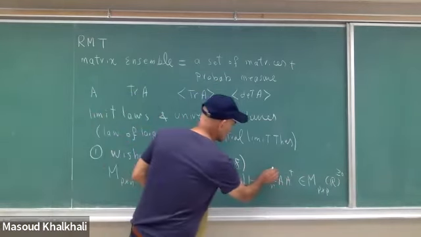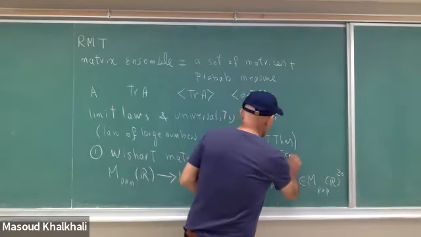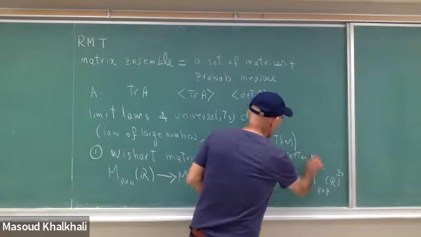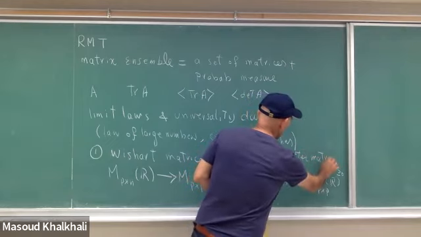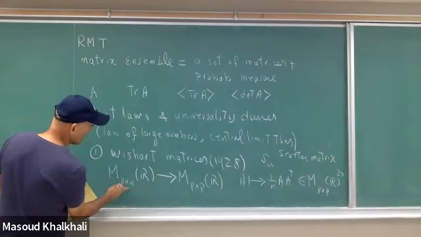Sometimes this is called S. It's called a scatter matrix in statistics. And so you just need a probability measure here.